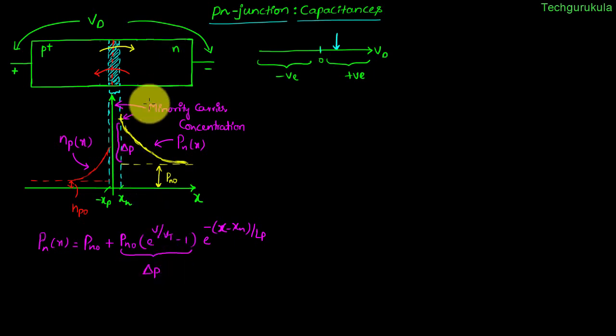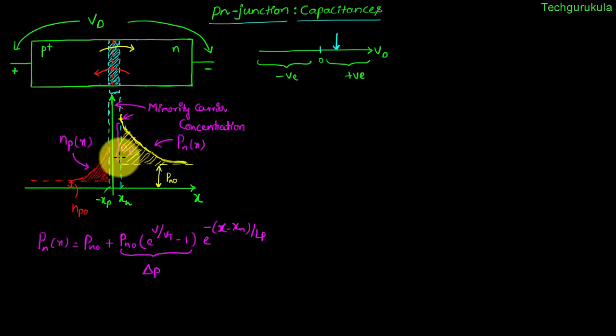For a given voltage, this is how the concentration looks like, which means we are actually storing these minority carriers in the PN junction. So we can say that the total number of holes with respect to time are not changing, which means they are actually present inside the diode. And similarly, we are storing the electron concentration, which is the injected electron concentration.